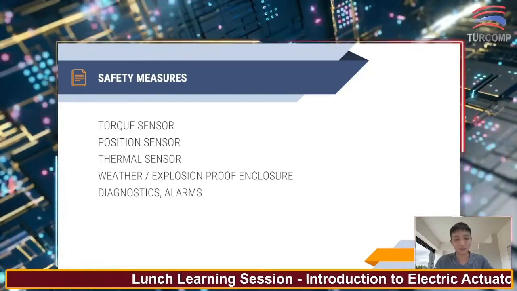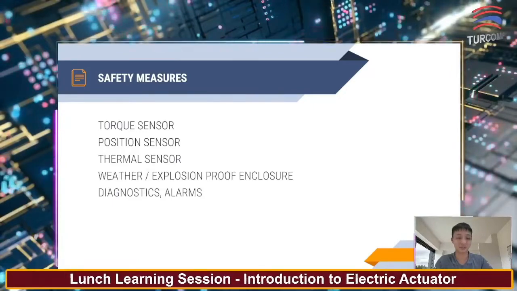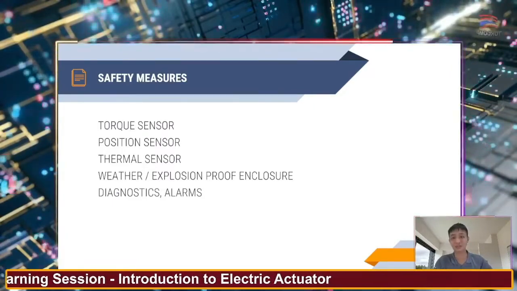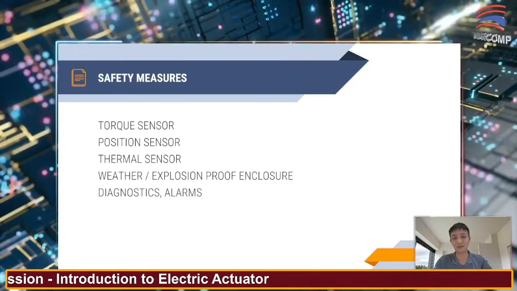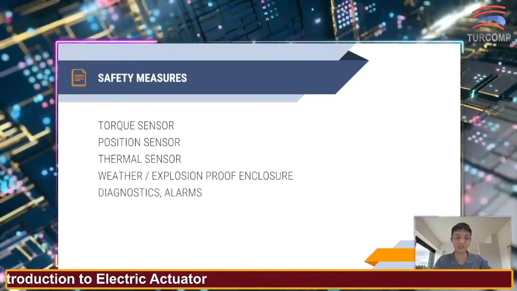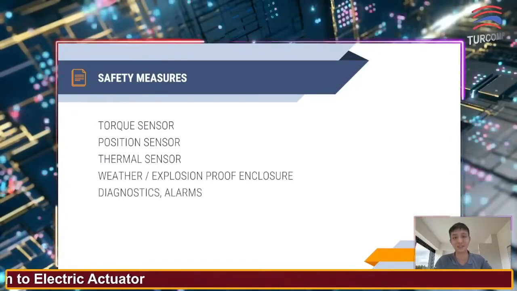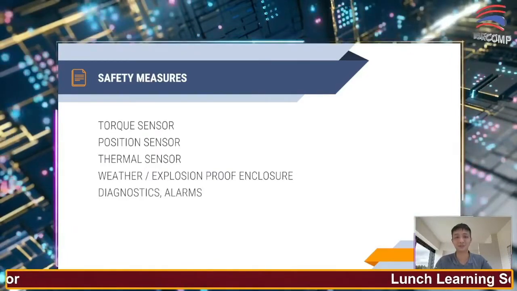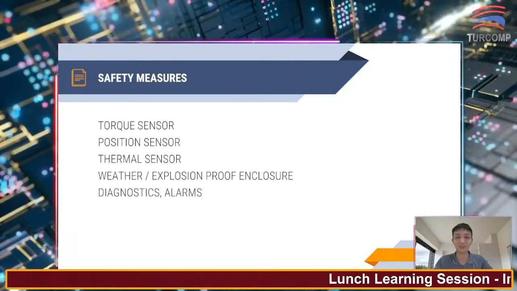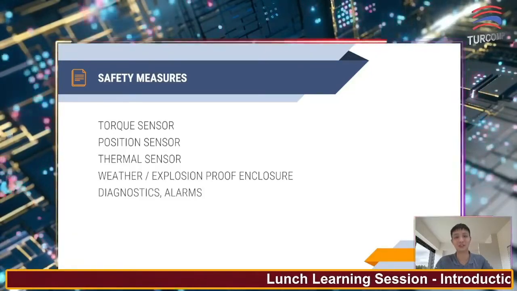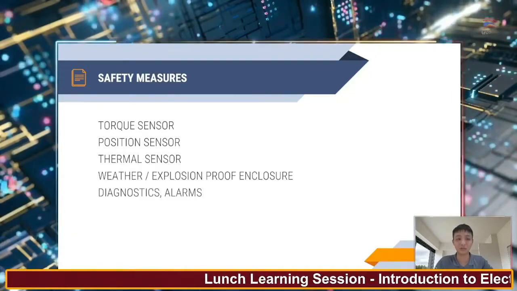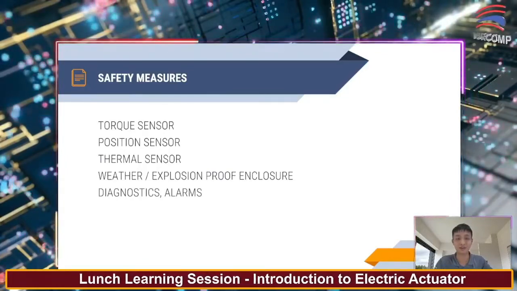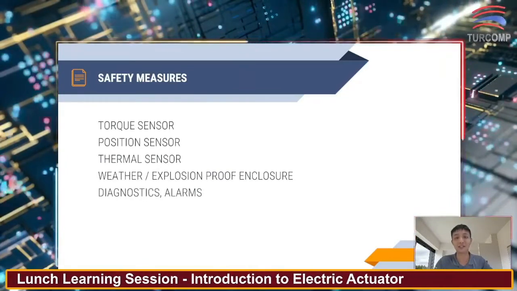All right. And then the last one is what we call diagnostic and alarm. Some of the electric actuator range have this kind of diagnostics feature where they can perform their own self-check, and then give the end user an early indication of what is going on with the valve, and whether there is any future maintenance required.